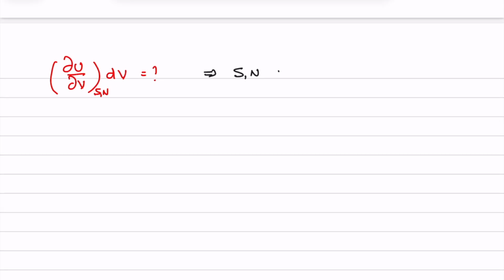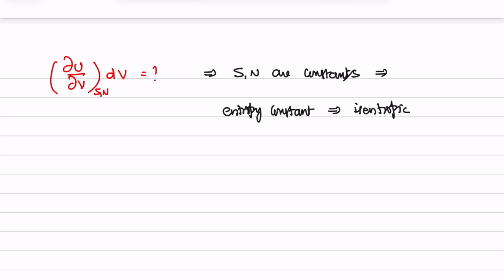S and N are constants, which implies entropy is constant. Entropy constant means isentropic. Isentropic means it is adiabatic. It can be adiabatic. Let us consider an adiabatic reversible process.